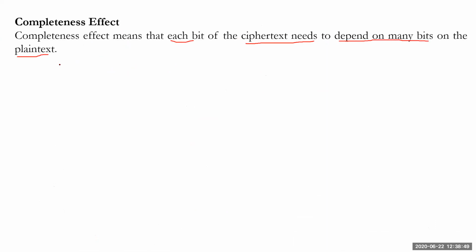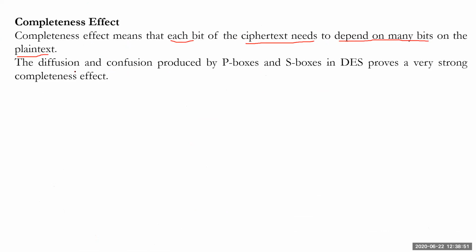It is satisfied by using two different types of operations: one is diffusion and the second is confusion. Based on these two operations, we have used many straight P boxes, S boxes, and compression P boxes, so that a single bit of the ciphertext depends upon many bits from the plaintext.